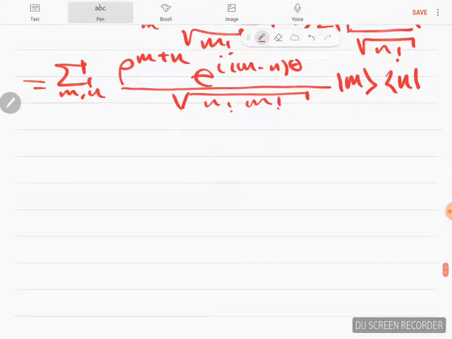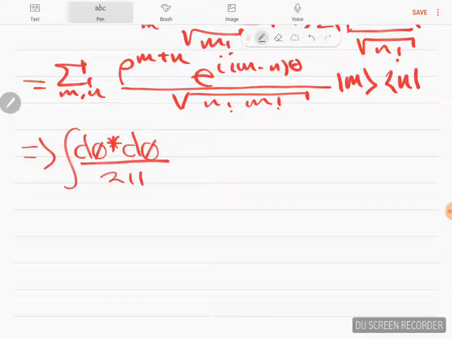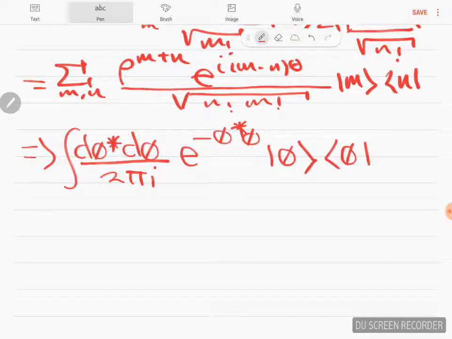But what we have to prove furthermore is that this integral serves as a unity operator. So I have to prove this. What I'm basically doing here, in this expansion of coherent states, is expanding coherent states in any other quantum mechanical basis.